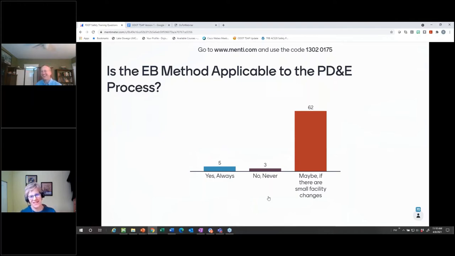When we wrote the question, we were thinking maybe if there are small facility changes, but you can also use the EB to apply the PSI method to determine if safety should be a primary purpose and need. So maybe that falls into still maybe, or maybe into yes, always.